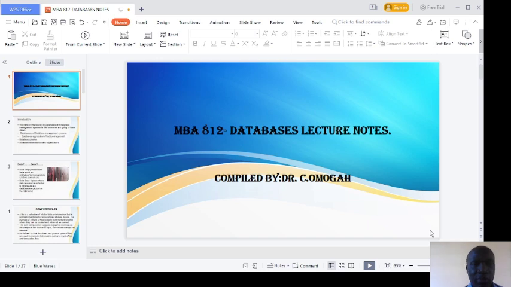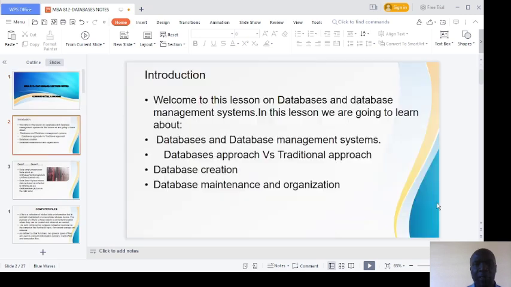So, this lesson, we are going to look at the database and database management systems. Now, mostly we'll touch on databases and database management systems.